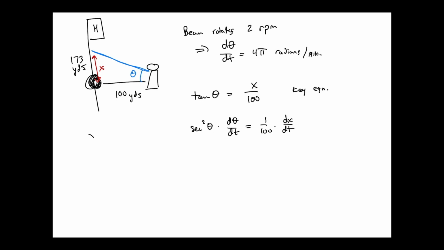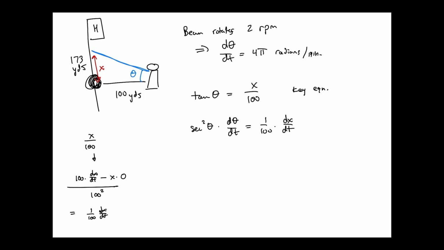It'd be low d high minus high d low all over low squared. So yeah, you could use the quotient rule. I wouldn't. Not necessary here.